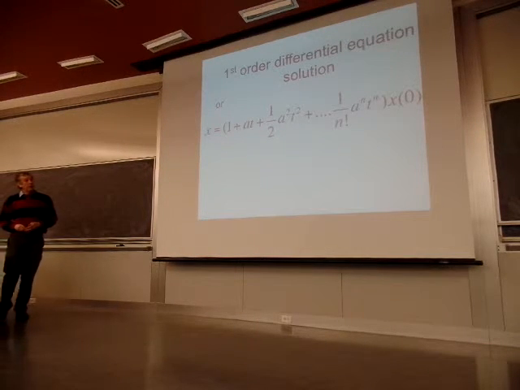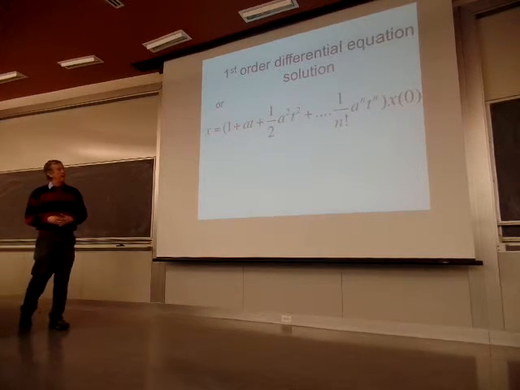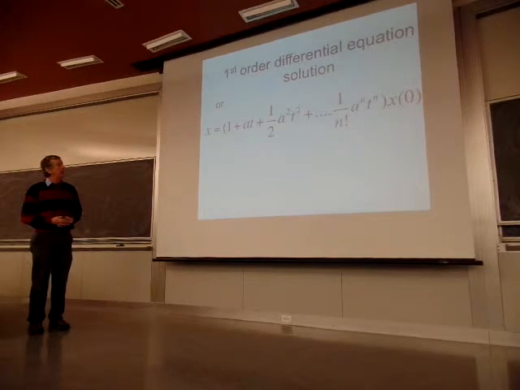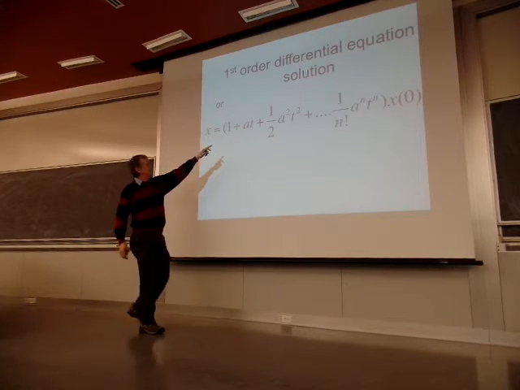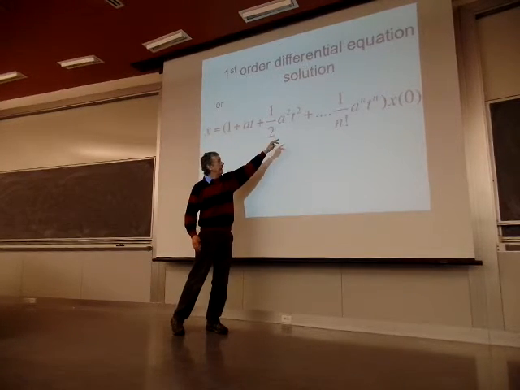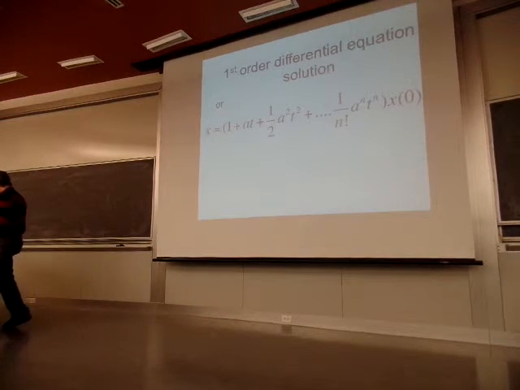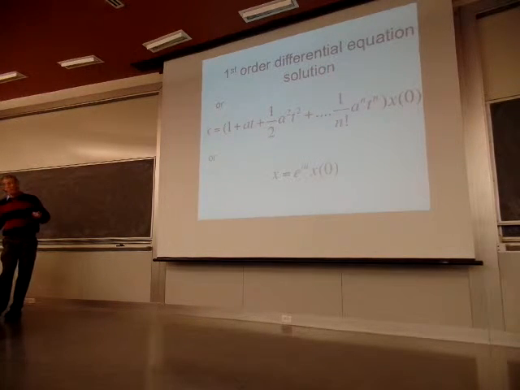And you'll get this form, this series: 1, A times t, 1/2 A squared t squared, and so forth. Well, that series happens to be the exponential, e to the At. Right? We just skip ahead and do that.